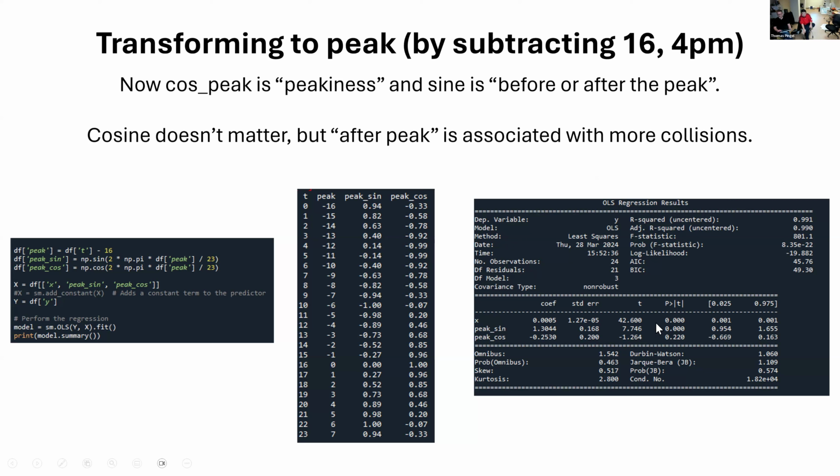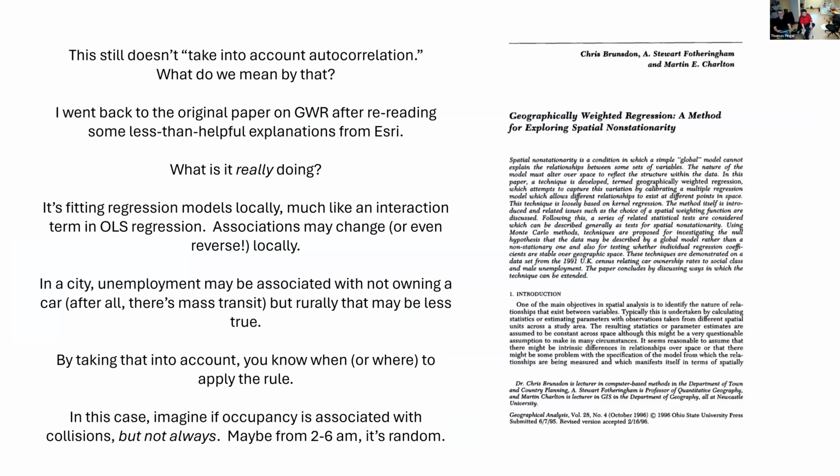I think we'd want to use the t-score here to get a value that tells us how significant it is. Our refined understanding should be better. This should be more representative of exactly how much occupancy affects collisions.